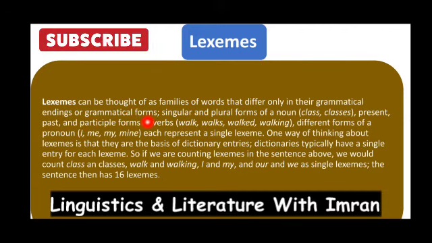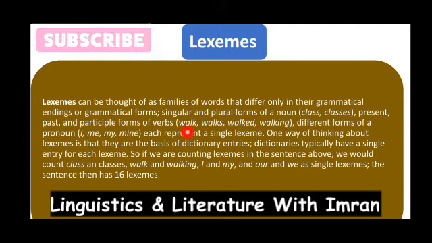You can find lexemes in a dictionary, which is knowledge of a language, regardless of grammatical ending. Then we also have words and their grammatical forms, for example, forms of words like walk, walks, walked, and walking.